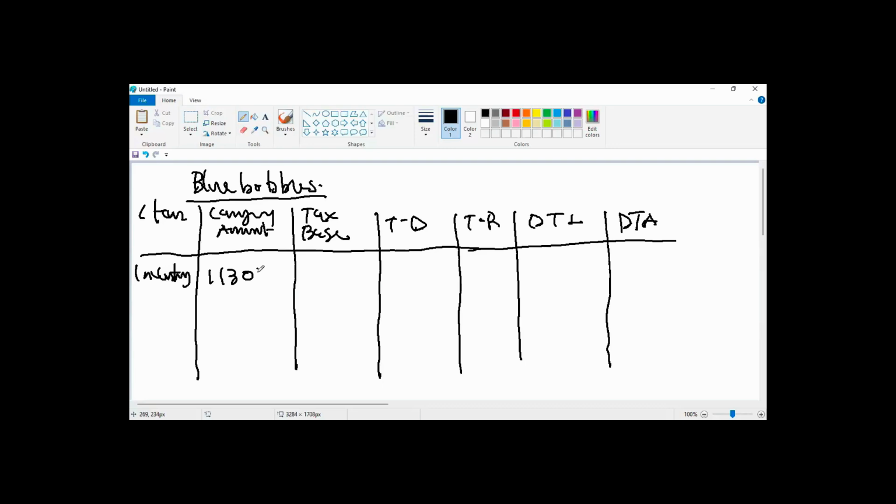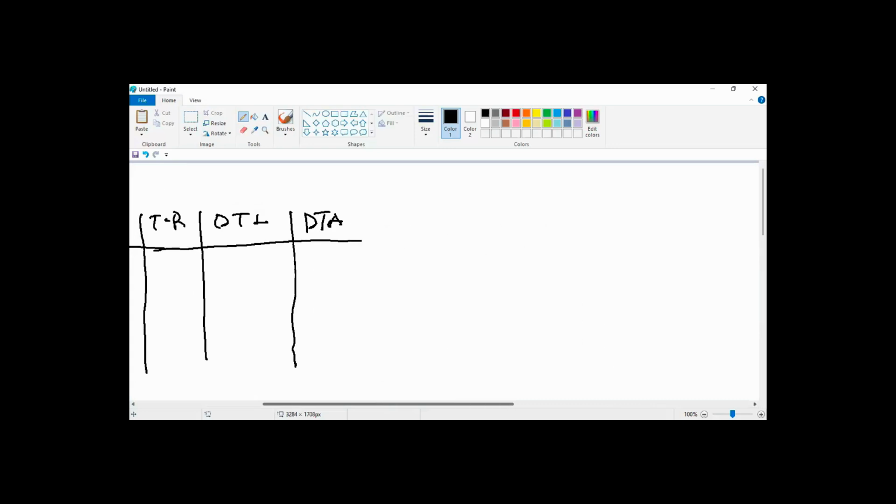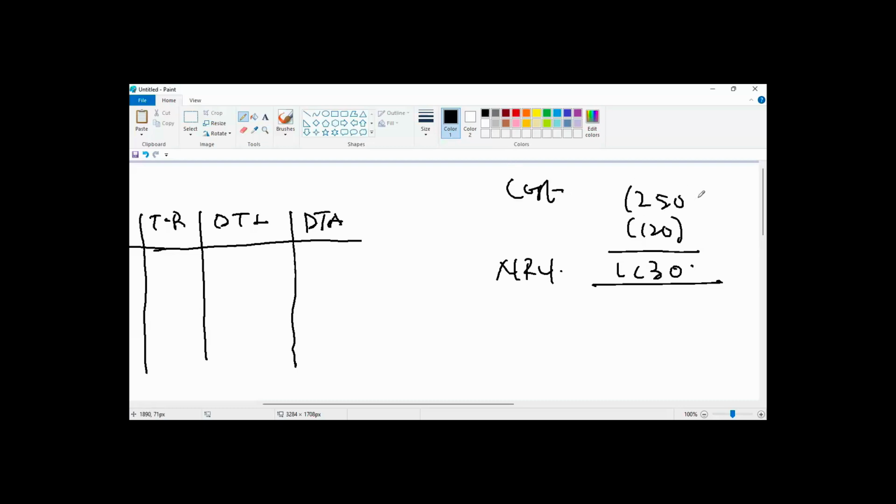According to IAS 2, it's the lower of cost and net realizable value. That means you have written it down to get 1,130, the net realizable value. So what is going to be the cost? 1,250. This is what it's saying.